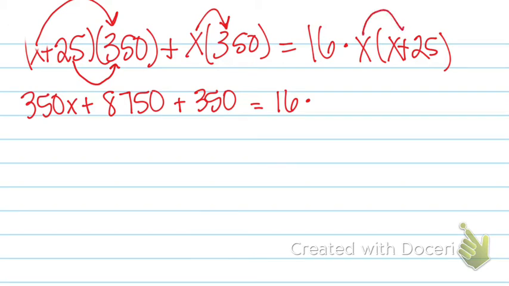So an x times an x is x squared, and an x times 25 is 25.